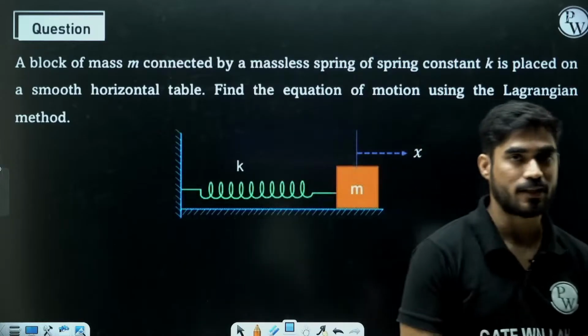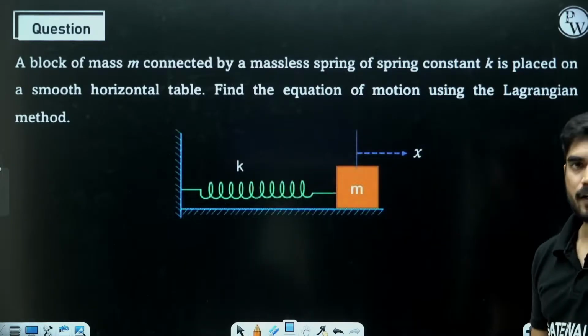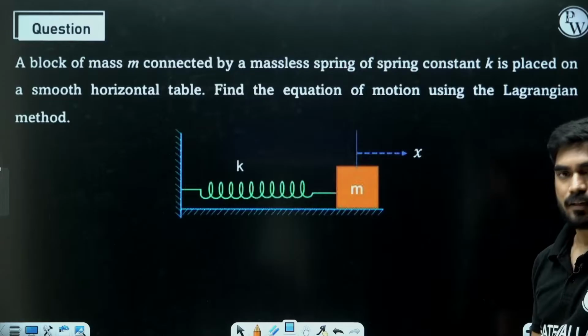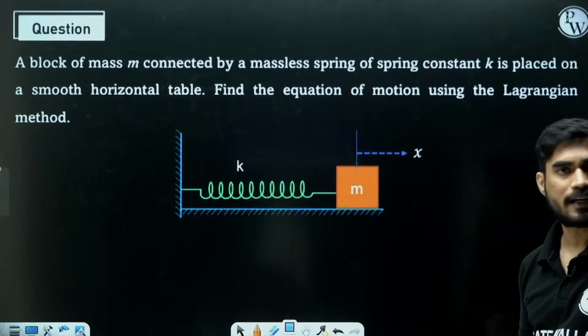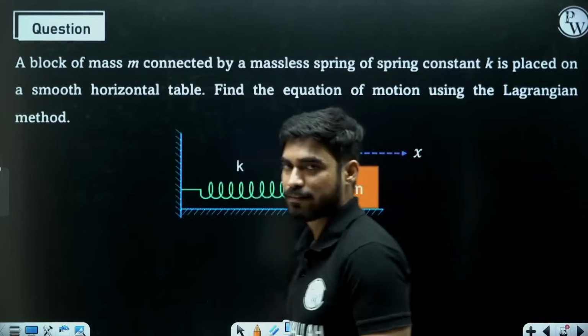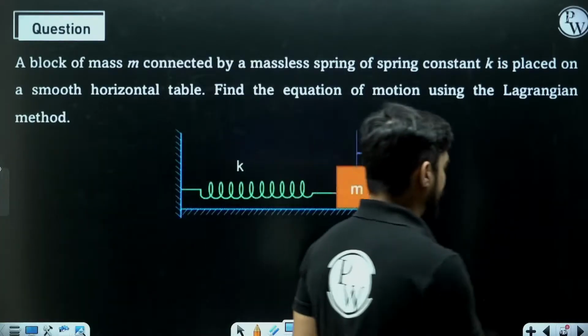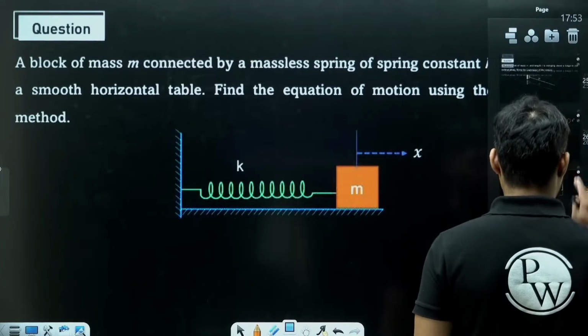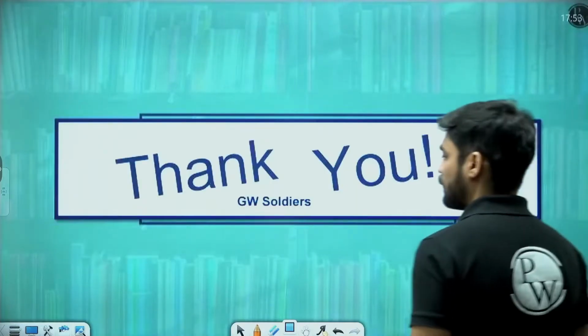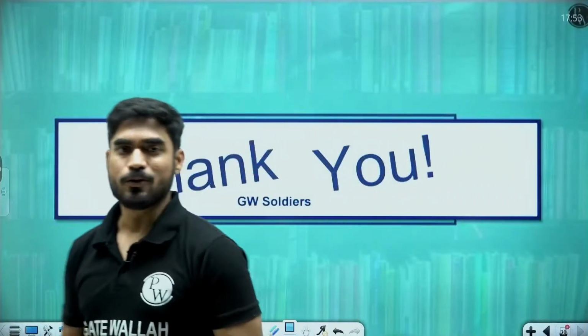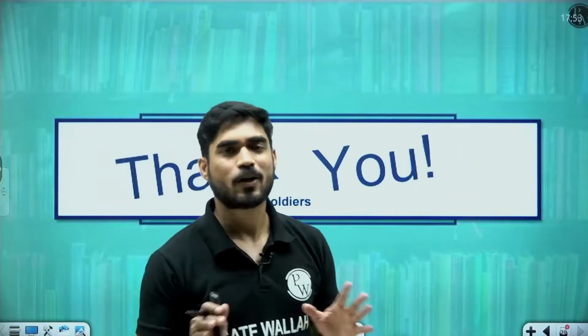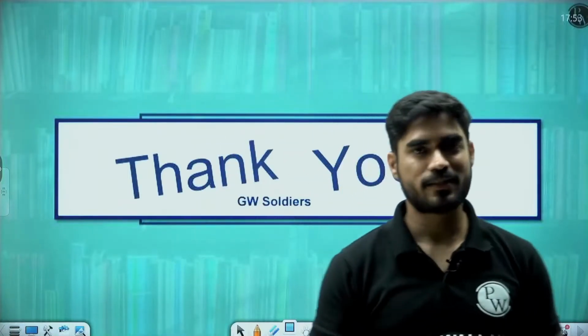So we have solved enough examples for you to understand how to write the equation of Lagrangian, right? So in exam, if ever they ask you a question on Lagrange's equation of motion, they will just ask you to write the Lagrangian of the system, not derive the entire equation of motion. Okay. So I hope that you have understood all the concepts related to engineering mechanics.